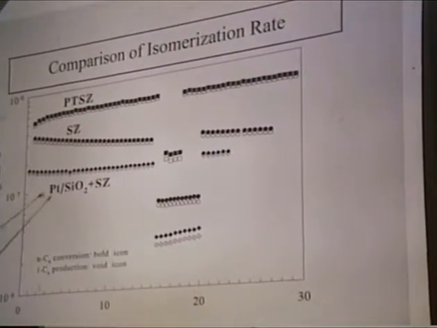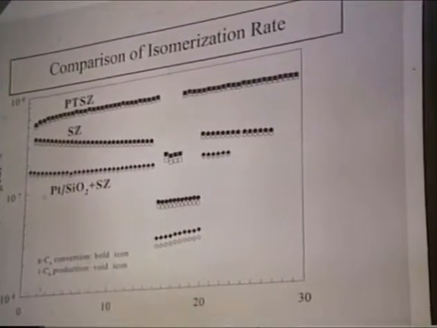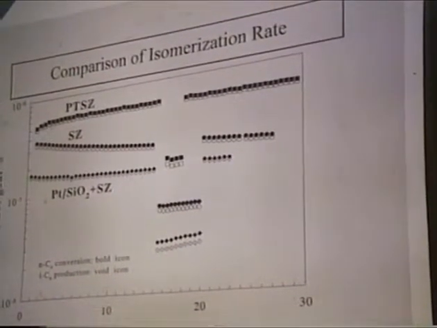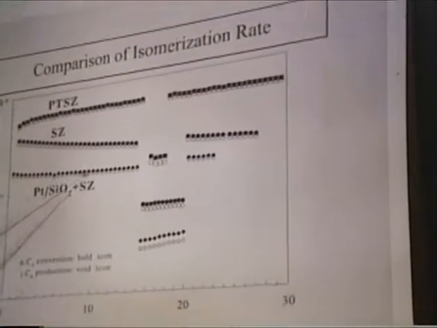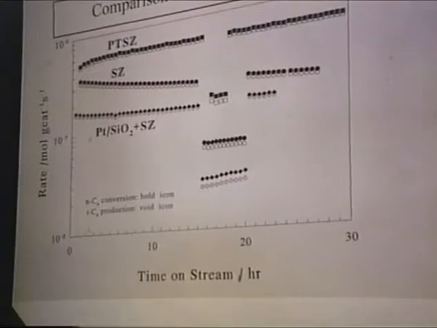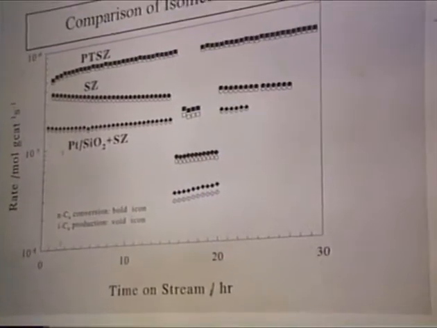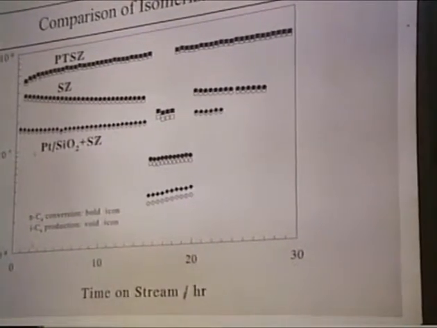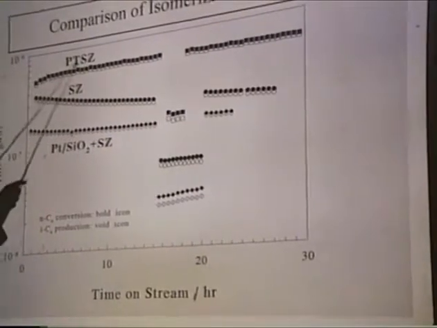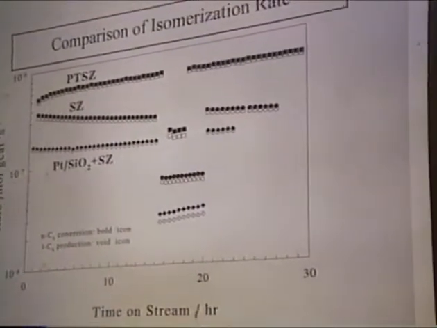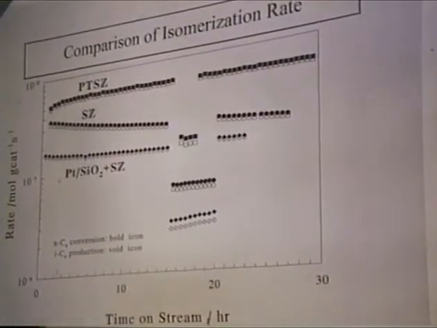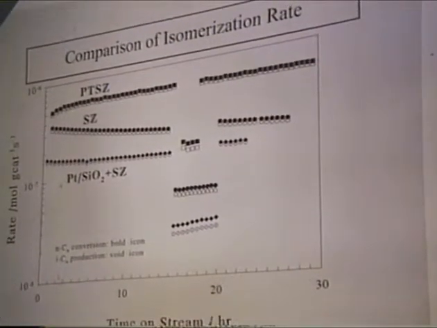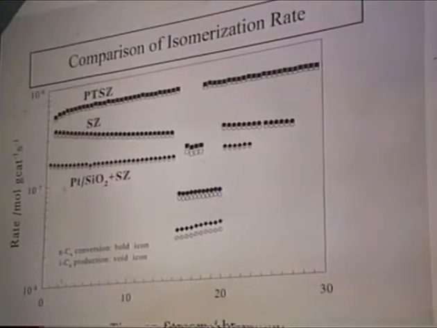By doing so, you actually lower the butene impurity concentration to the level of equilibrium. Therefore, you get a lower rate here. That's the time we realized that we need to have platinum in situ with the sulfated zirconia. In this way, when the reaction consumes the butene, the platinum can in situ regenerate the butene.